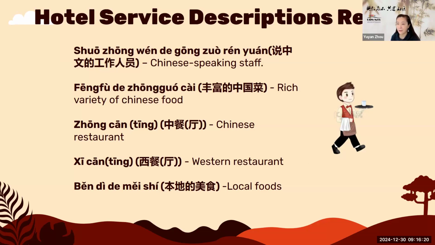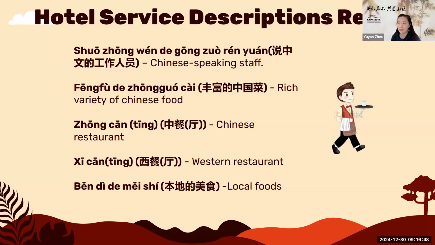So you have learned so far, for instance, 厅, and right now it's translated to restaurant. We also have 房间, room, that describes the hotel's room. 前厅, so basically the front lobby.